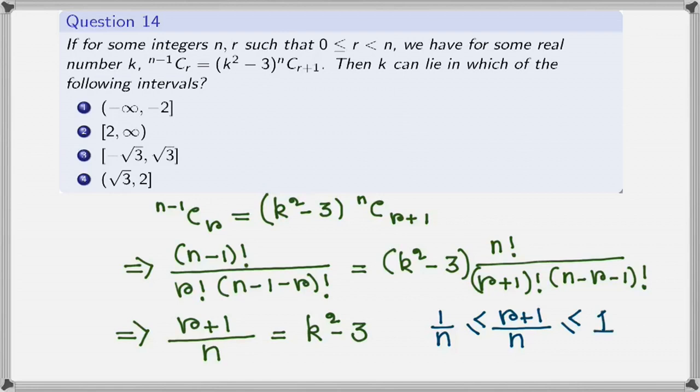That means we have 1/n less than or equal to k^2 - 3, and this is less than or equal to 1.